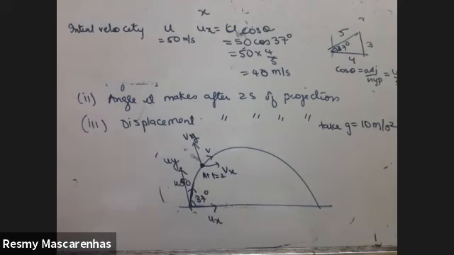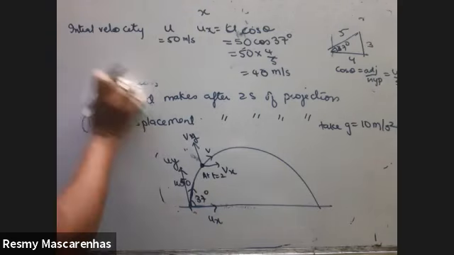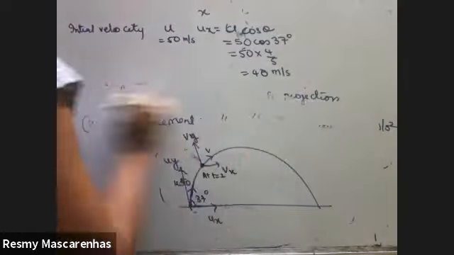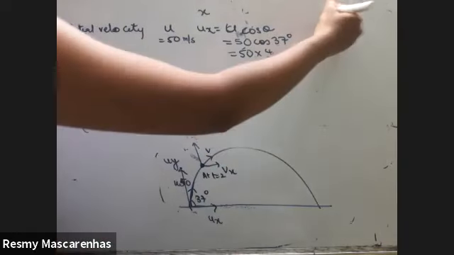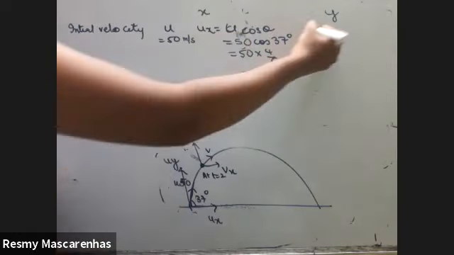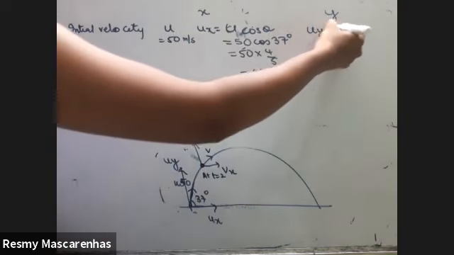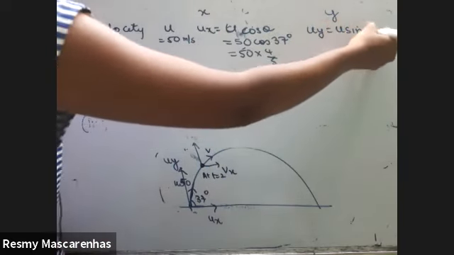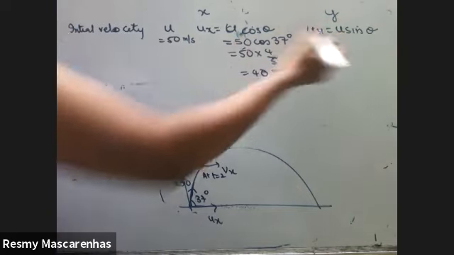In the same way, calculate uy. This is for y, so for this formula we use sin theta. 50 remains the same.